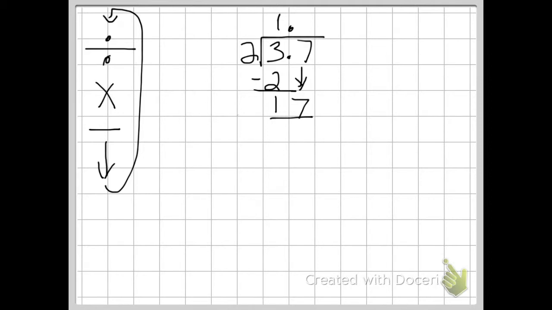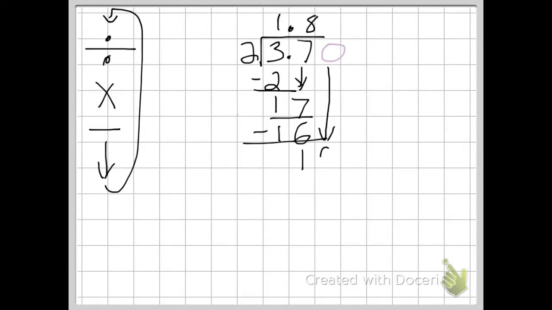17 divided by 2 is 8. 8 times 2 is 16. I subtract and I get 1. But wait, now I have a remainder. Well, that's okay. When you have a remainder in a decimal situation, you add a 0. Bring that 0 down.